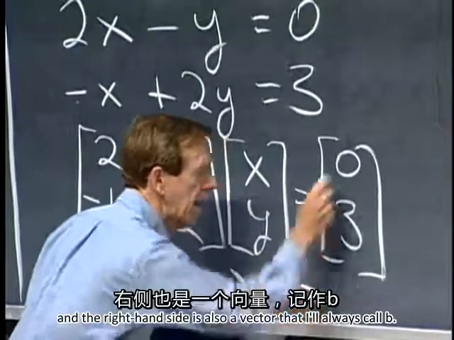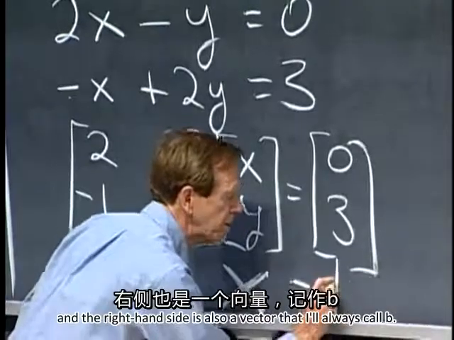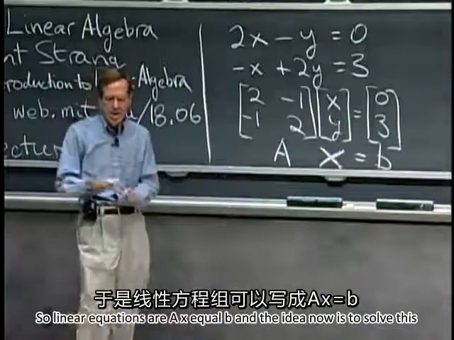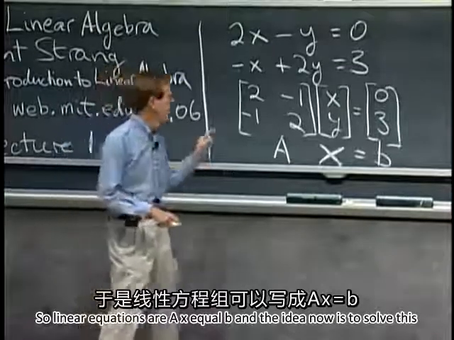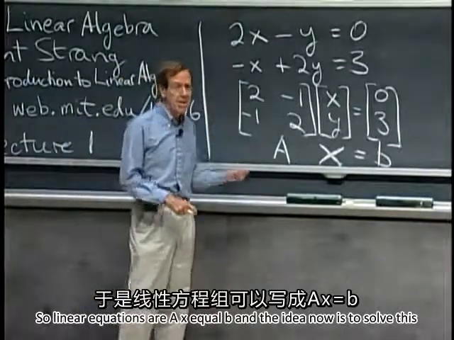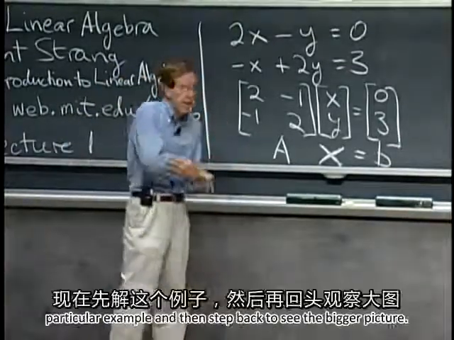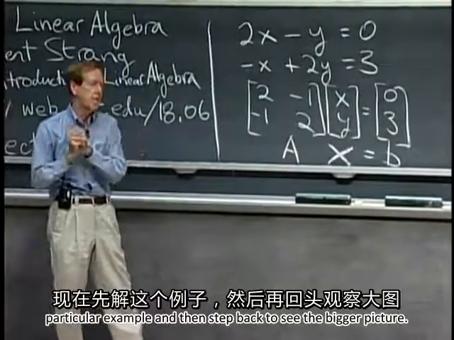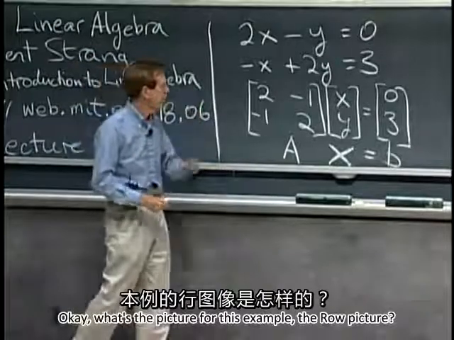And the right-hand side is also a vector that I'll always call b. So linear equations are Ax equals b, and the idea now is to solve this particular example and then step back to see the bigger picture. Okay, what's the picture for this example?